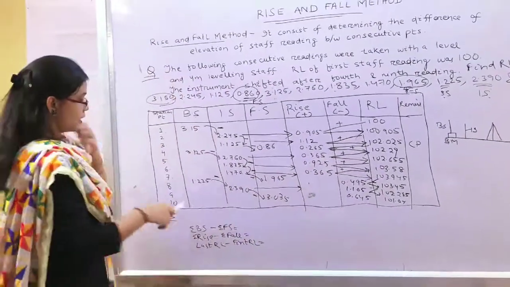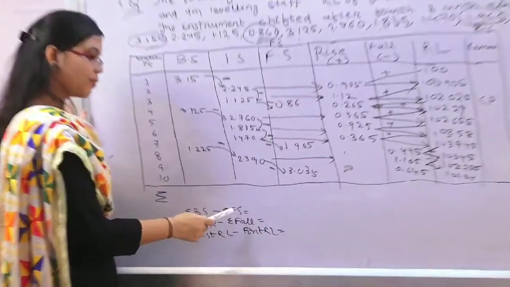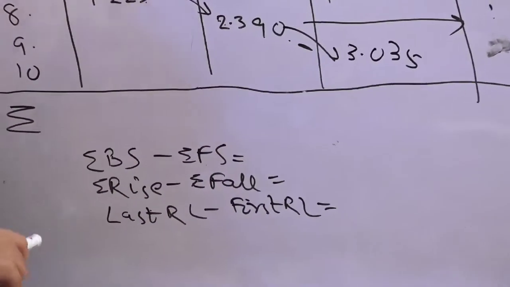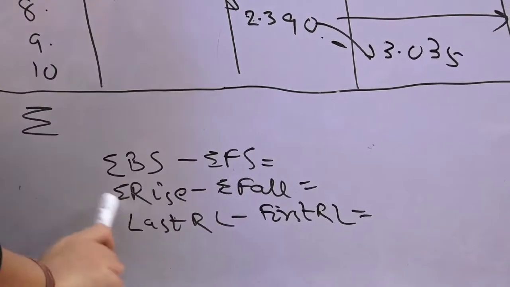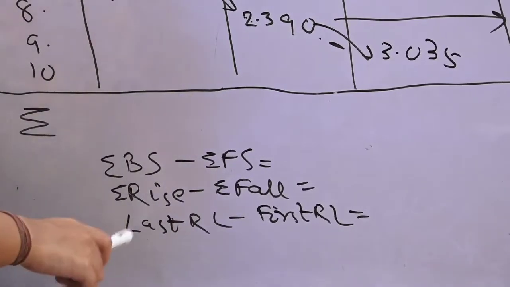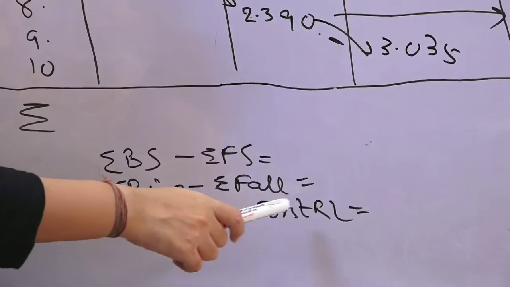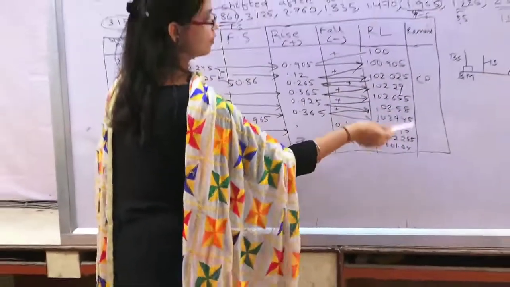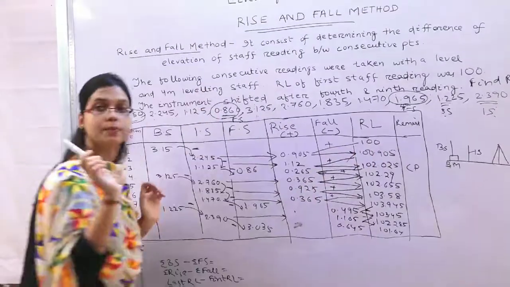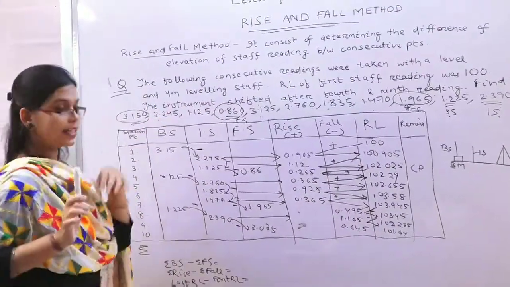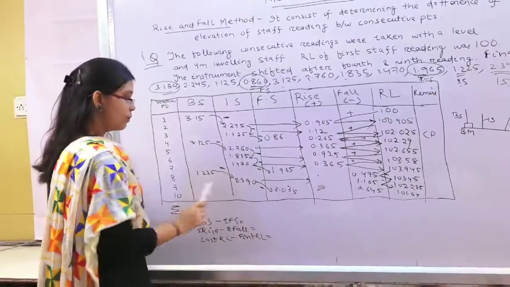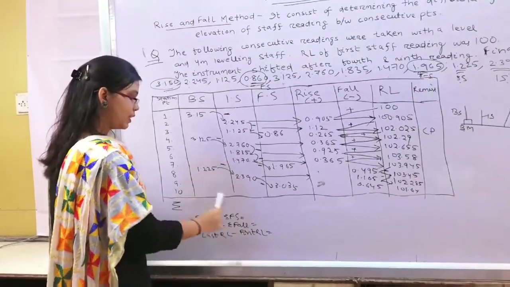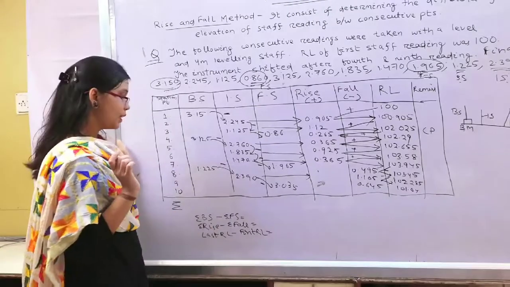How to check? The summation of backside reading minus the summation of foresight reading should be equal to the summation of rise minus the summation of fall, and also the last reduced level minus the first reduced level. We should get all three values equal.